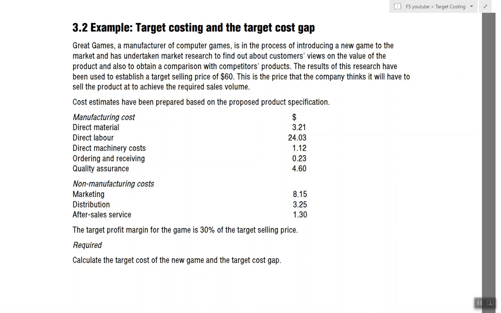The results of this research have been used to establish a target selling price of 60. Okay, this is our target selling price. Let's write that here. Target price or target selling price, whatever you want to call it, is 60 here.